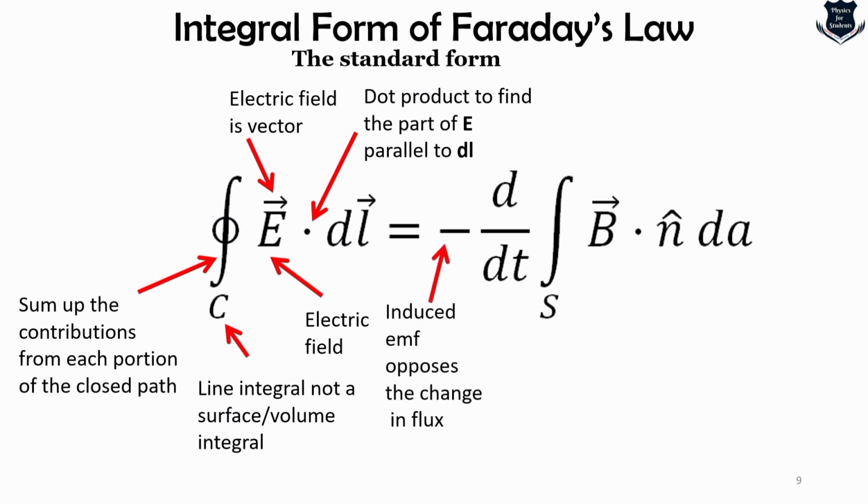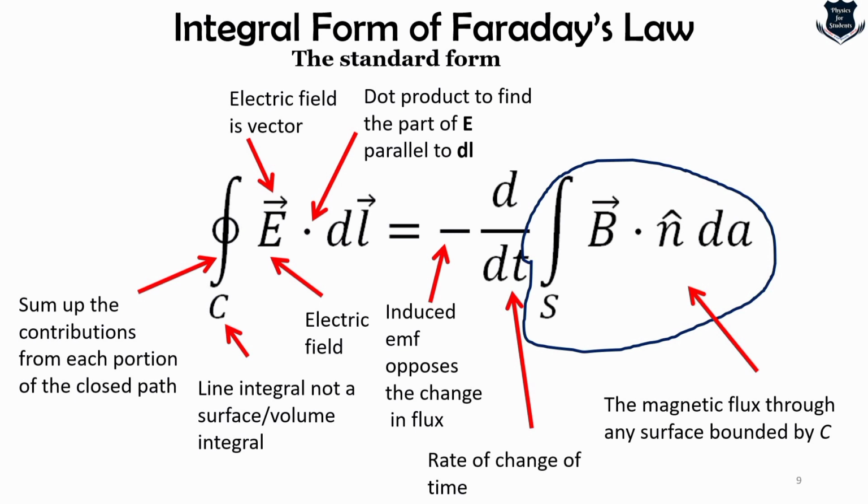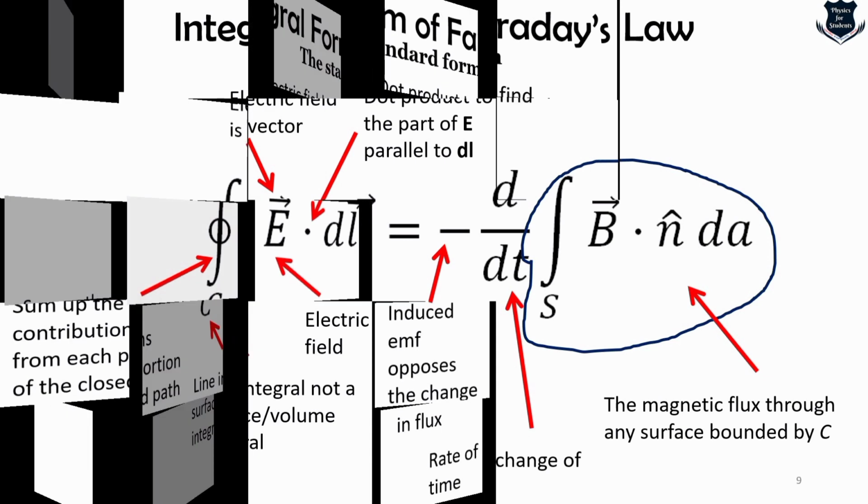The negative sign shows that the induced electromotive force, or EMF, opposes the change in flux, which is called Lenz's law. We will soon look into it. d/dt is the rate of change in time, and this entire part is called the magnetic flux, over any surface bounded by C.